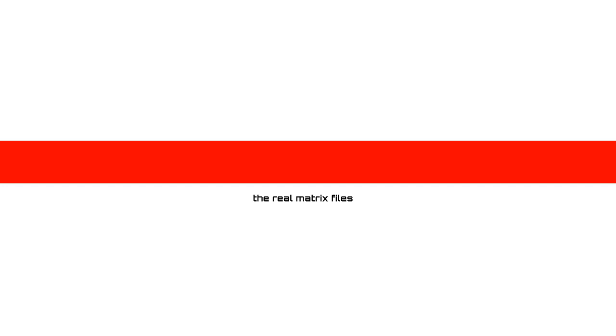Now, the reason that this is called a time loop is because it's a system that's run by numbers and time and is cyclical.